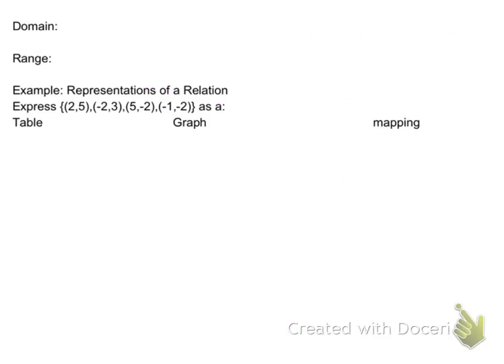So yes, now here are the definitions, domain and range. What's the domain? It's your inputs. Domain are those inputs. Domain, guys, if you think of your domain is your house.